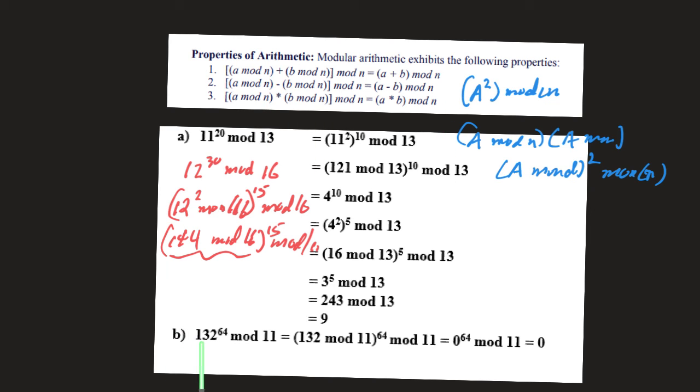Here is our exam question, question 9 part B: 134 to the 64th power. Remember, never really try to expand this with the calculator. You will never get it done. You have to use these properties to make things easy.